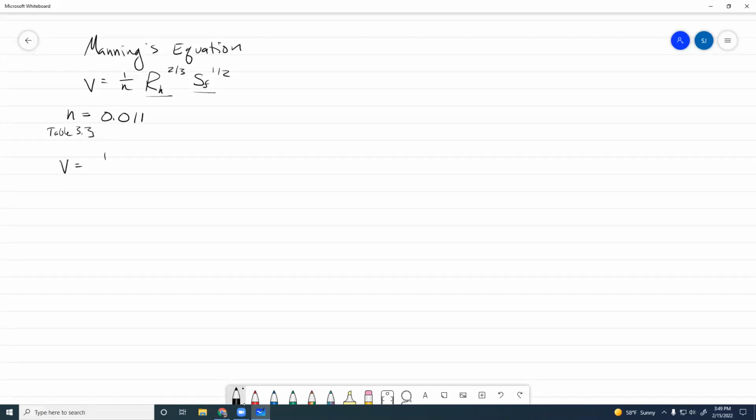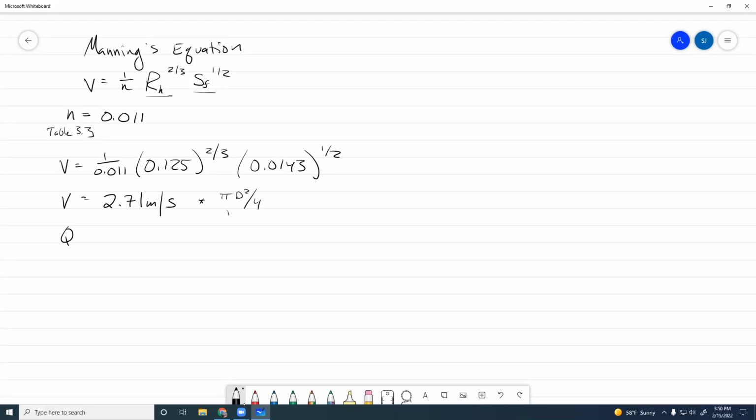Then V is equal to 1 over 0.011 times 0.125 to the 2/3 times 0.0143 to the 1/2. And then our Q, if we multiply pi d squared over 4, is 0.53 cubic meters per second.